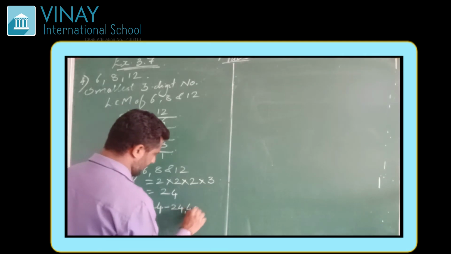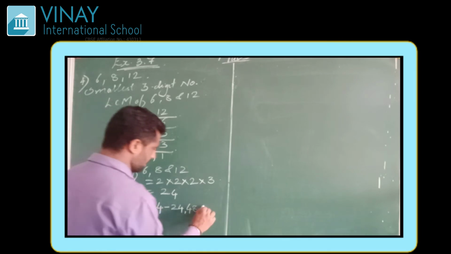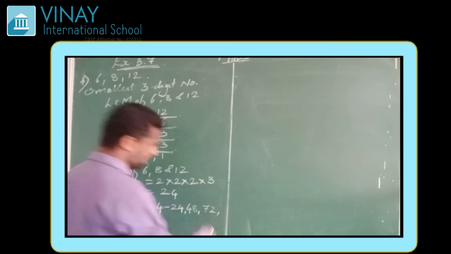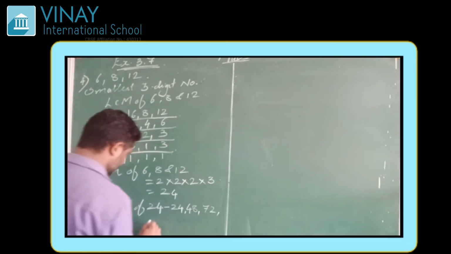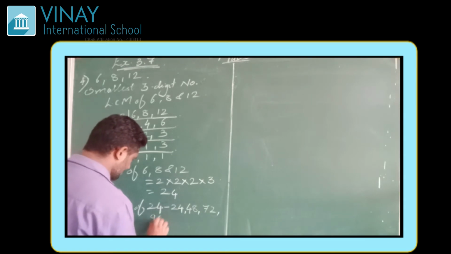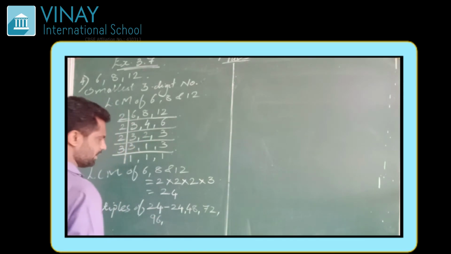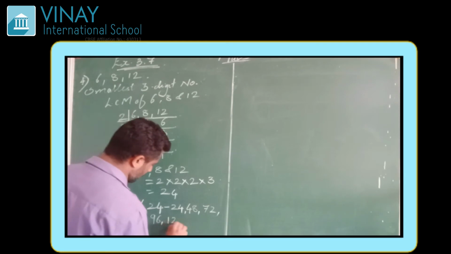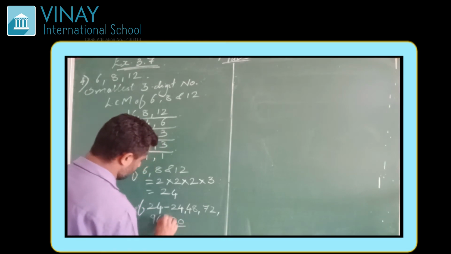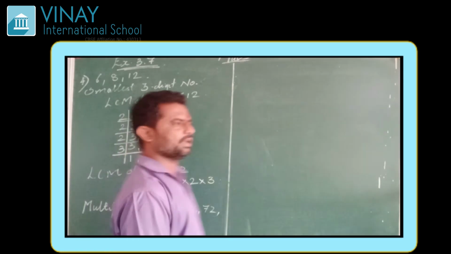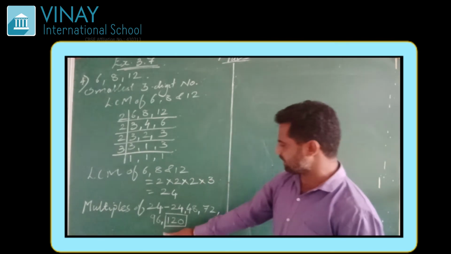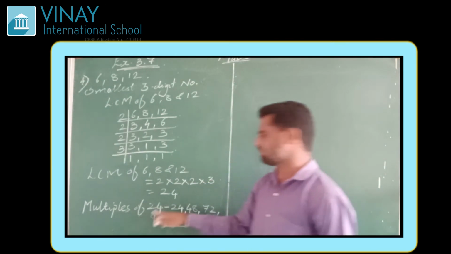Then 48, again 2-digit. 72, again 2-digit. Then 96, again 2-digit. Then it will be 120. Now this 120 is the 3-digit number and it is the smallest among all the multiples of 24.